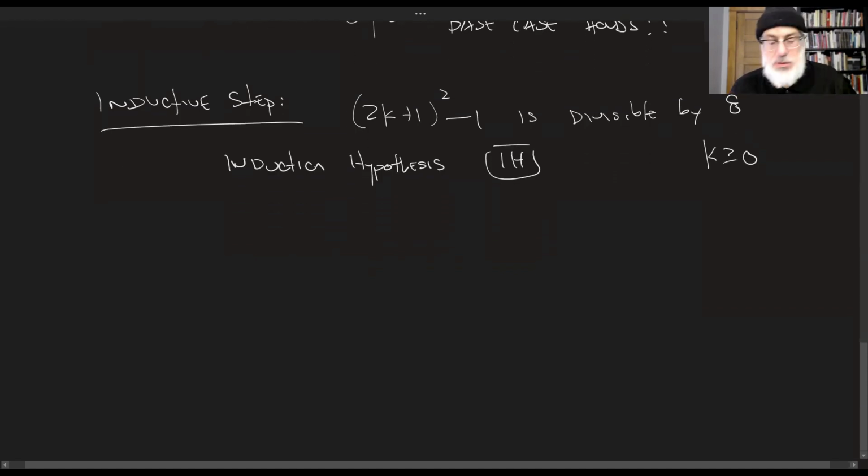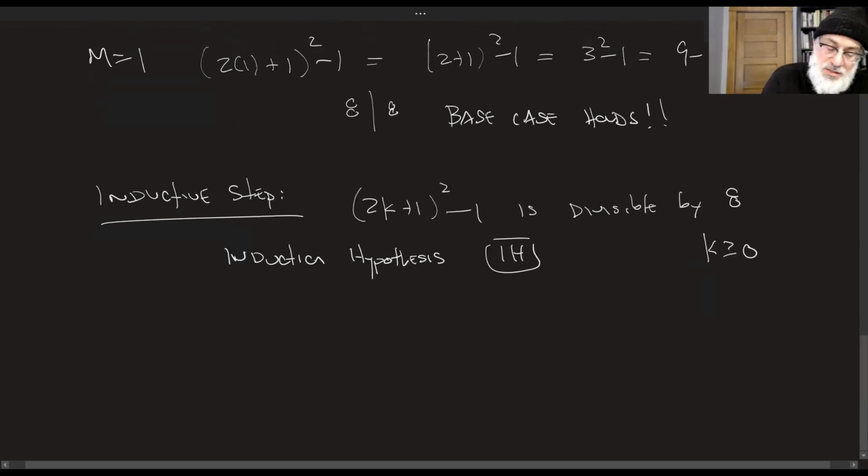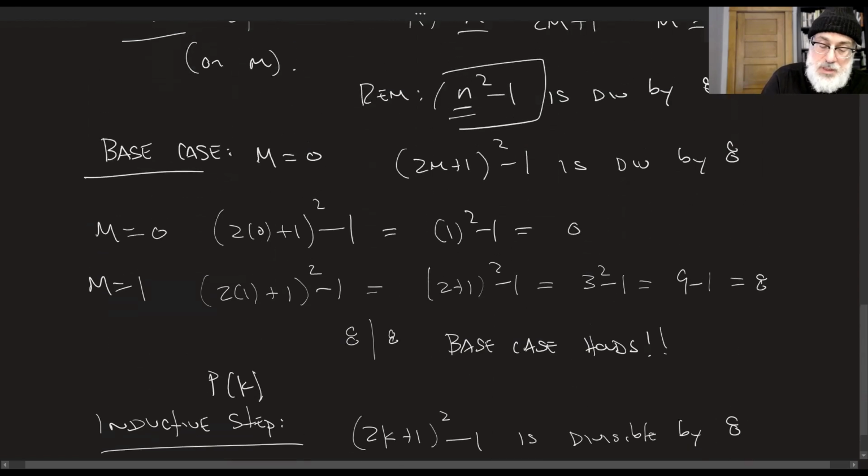You don't need to write everything that I write for your proof. All right, so that's the induction hypothesis. We're assuming that 2k plus 1 squared minus 1 is divisible by 8. This is the P of k case, right? The statement P is what we're trying to prove, and k is the case. So this was P of 0.